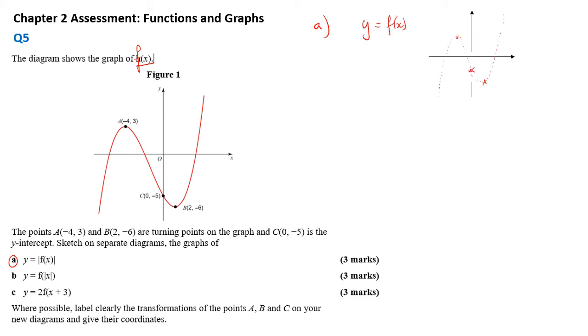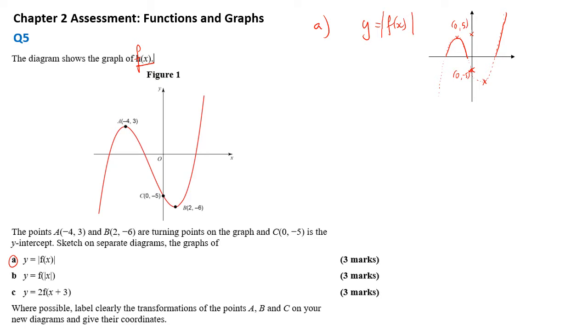Okay, so when we take the modulus, basically any value that was negative, that was below the curve, gets reflected up. So anything that was already above the curve can stay there, and then we're just going to reflect up. This point here was 0, minus 5. That's going to get reflected up to the point 0, 5.